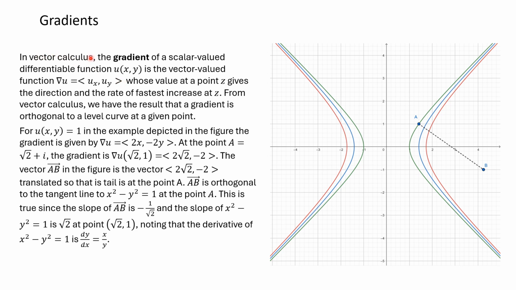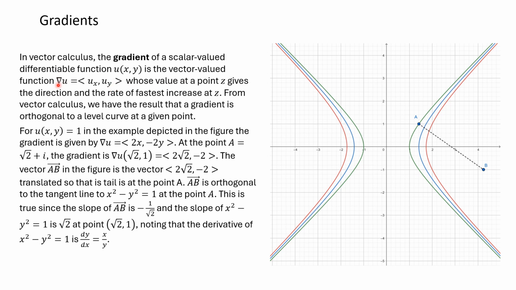From vector calculus, the gradient of a scalar valued differentiable function, which we'll call u of x, y, is a vector valued function using this notation here, where the vector has two components, the partial of u with respect to x and the partial of u with respect to y.